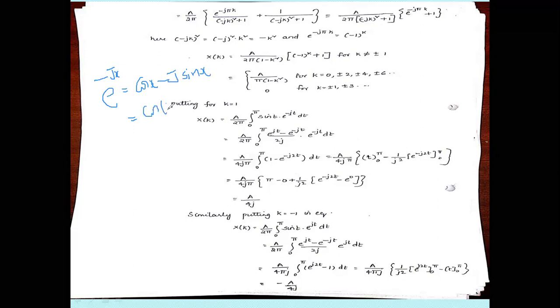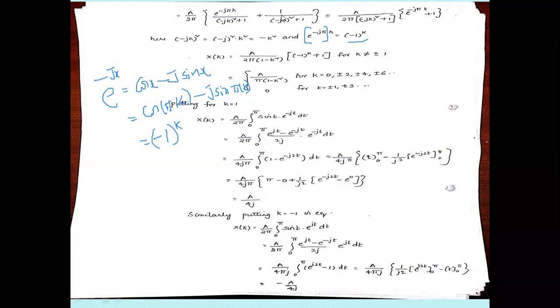Cos pi k minus j sin pi k. Simplify this function, or otherwise we can take only this function as minus 1. Cos pi is minus 1, so minus 1 whole power k.